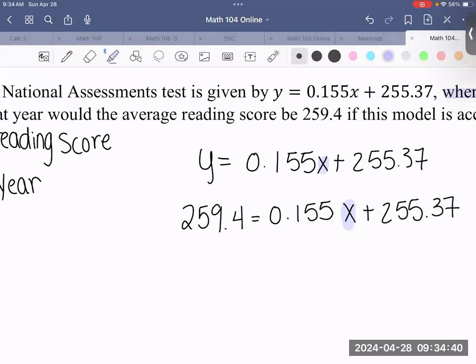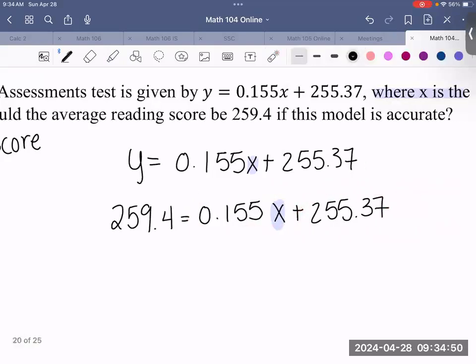So notice that we want to isolate this x value. By doing so, again, we can't just divide by this value first. We need to take care of the constant, so we can subtract this value from the other side.